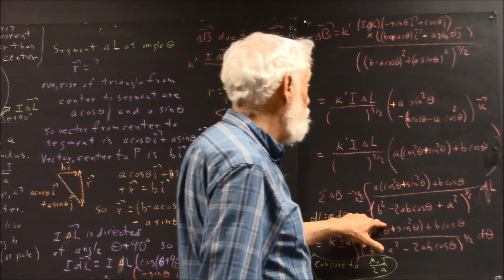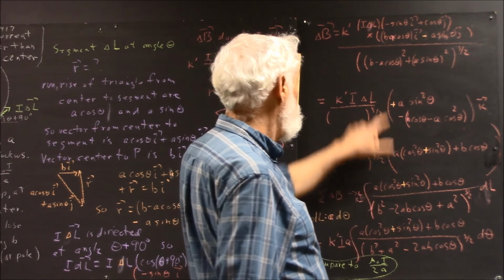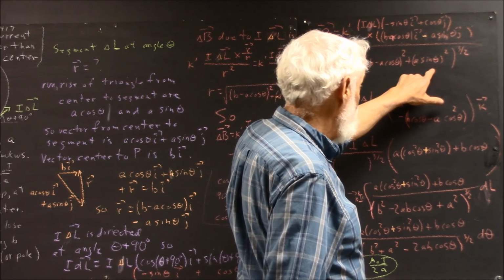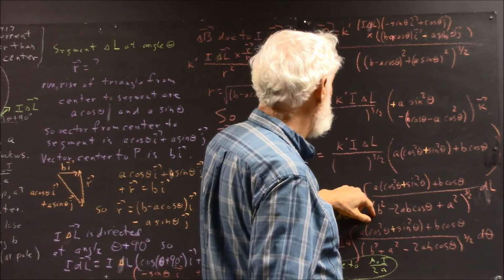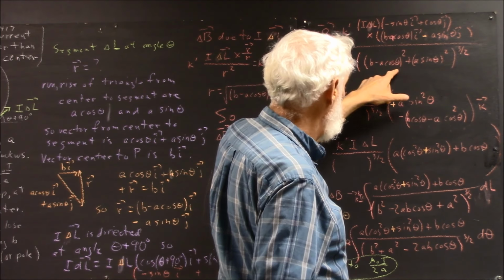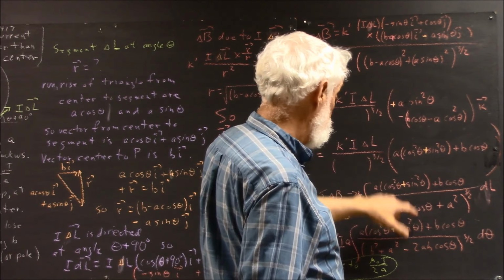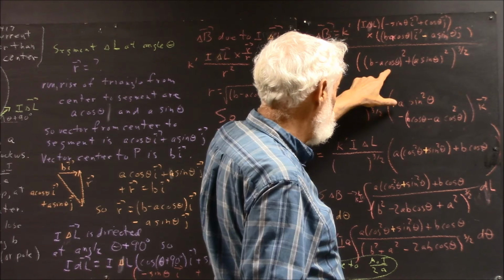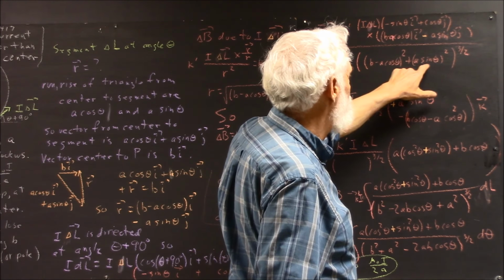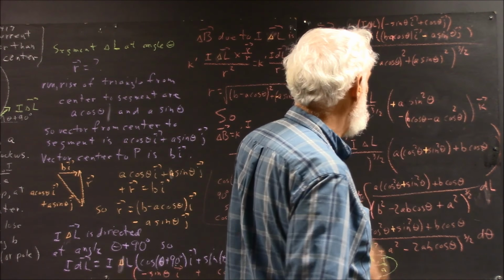But now I've simplified the denominator, and you can easily square this and add this. You're going to get b squared minus 2ab cosine theta from the cross product term here. And then you're going to have an a squared cosine squared theta to add to the a squared cosine squared theta you get here.